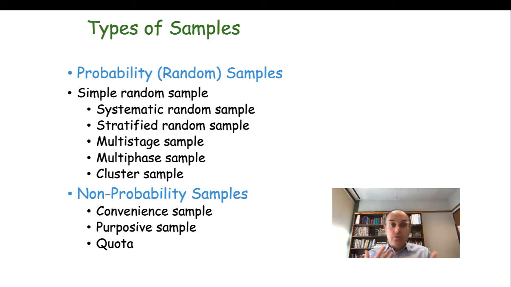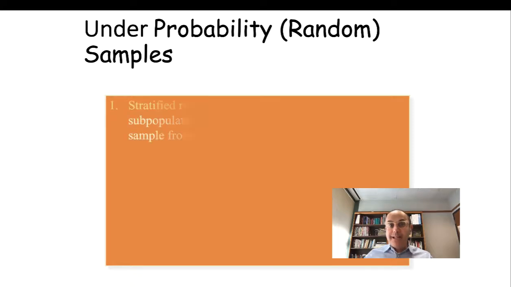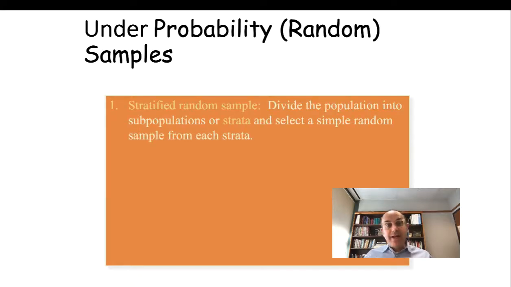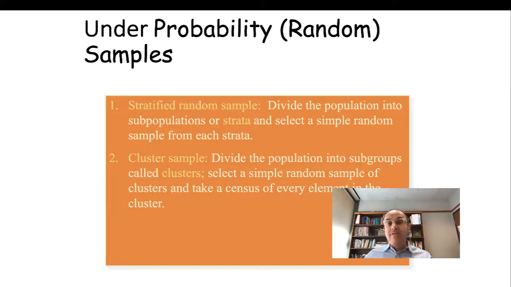I ask you to be aware that a probability random sample has a structure that can be stated with regard to numerical values. Under probability random sampling, we have the stratified random sample. We divide the population into subgroups, or strata, and select a simple random sample from each group. In a cluster sample, we divide the population into subgroups, select a simple random sample of the subgroups, and take a census of every element in those groups.